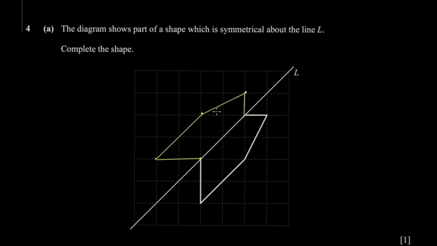This would be the line of symmetry, and then this one would be the other part of the shape, such that the line of symmetry would be this line here. As if you put a mirror on this line, you'll be able to see the other side and also the other side. So this is it. You map according to the points.